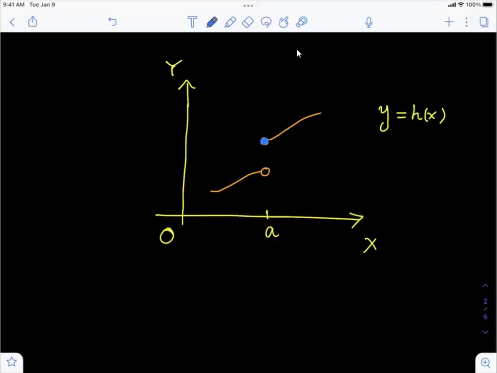The value of h of a has a meaning if I had this dot completed. It would be the same if I completed it here. That would be that particular height, the value of h of a. But in this case, we have neither.